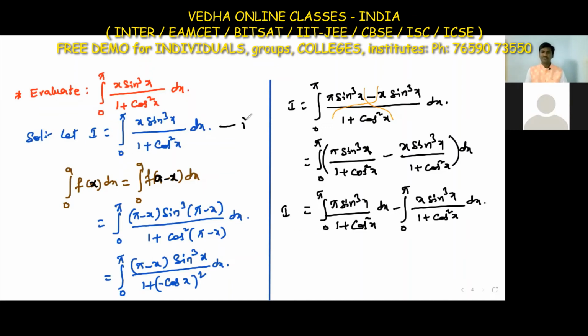Observe carefully: the given question I considered as equation 1, and here we get the same expression again, so we can replace it with I. Now the coefficient pi I am writing outside: integral of 0 to pi sine cube, writing as sine square x into sine x, divided by 1 plus cos square x, whole dx. After that I am replacing this full term as I. How are we getting this? Since from equation 1.